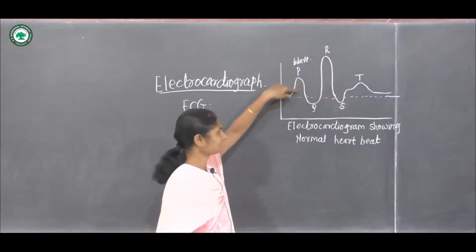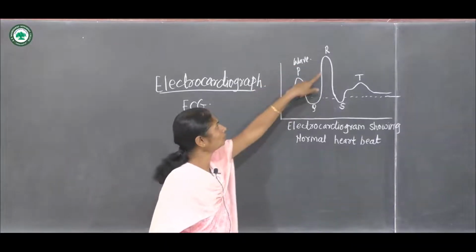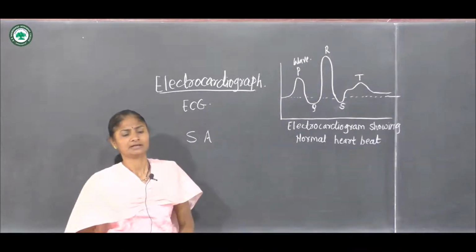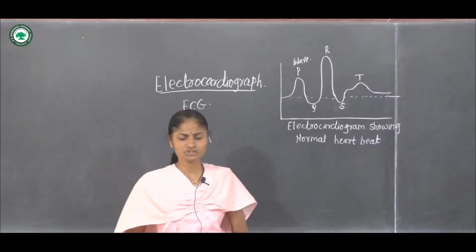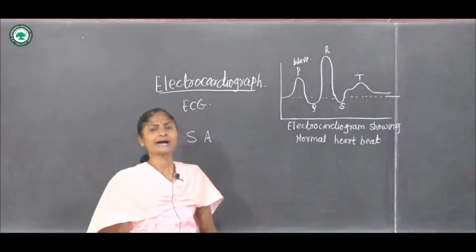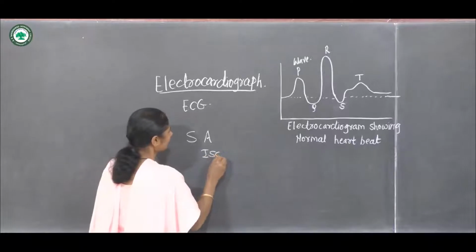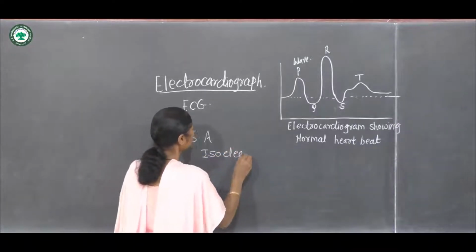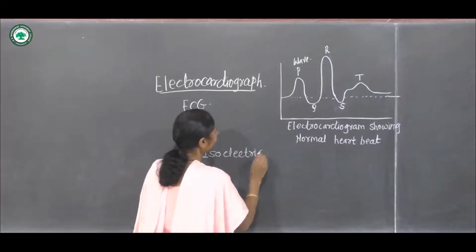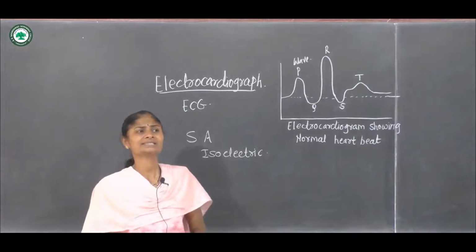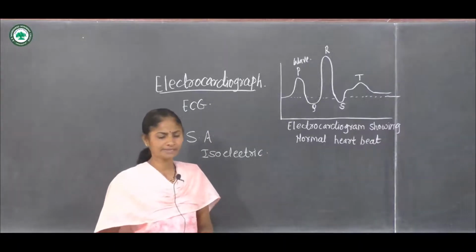We observe in this diagram that up and down waves are formed, and in addition there are 2 isoelectric periods in the ECG. One is short and the other is a long isoelectric period.